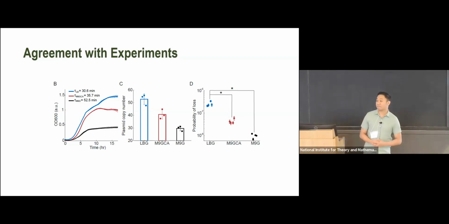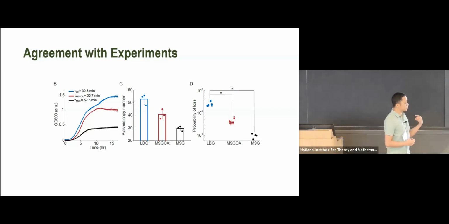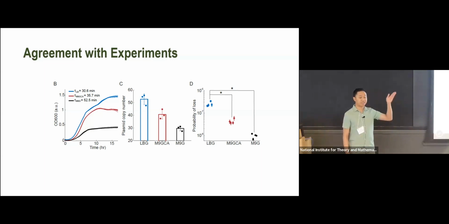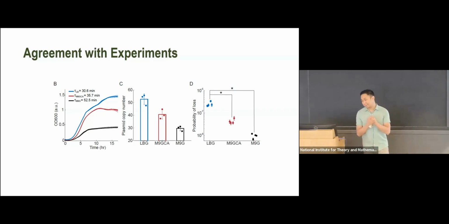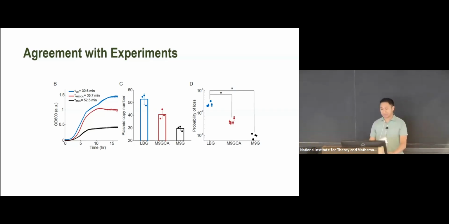Indeed, we were able to observe the trend that is predicted by our model, that if you would be increasing division time, you would see a decrease in loss probability as given by the experiments, which was not observed before. And with that, we say that within the parameters that we explored, our model is correct and it is able to predict some trends.